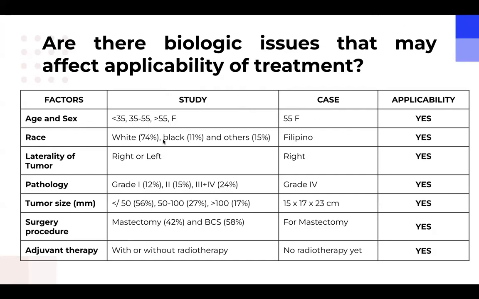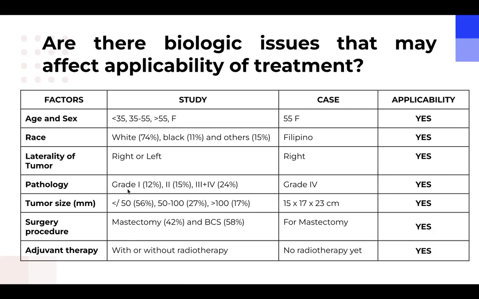The race were as follows: white, black, and others. And this is also applicable to our patient who is a Filipino. There was no specificity of the laterality of the tumor, either right or left. The patient has a right-sided tumor, which is again applicable.